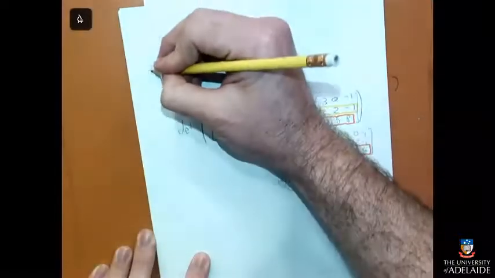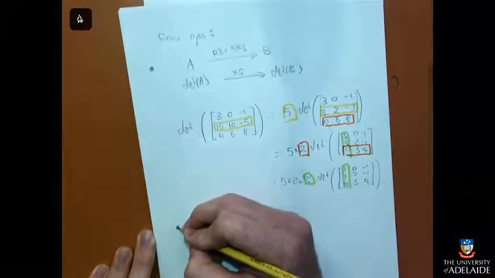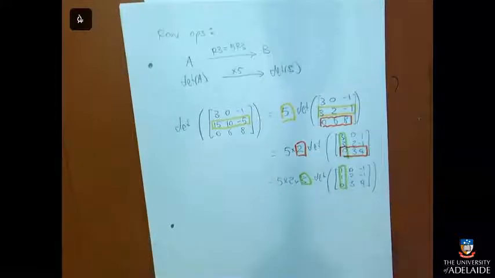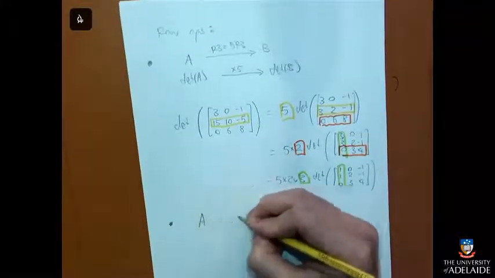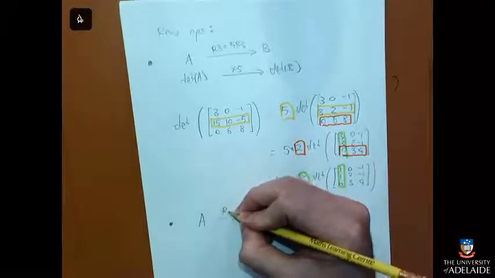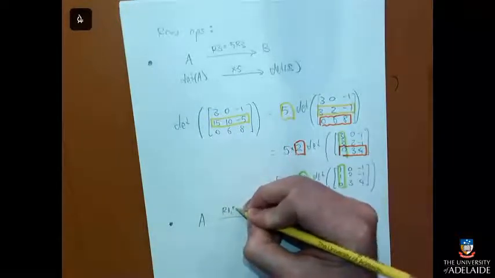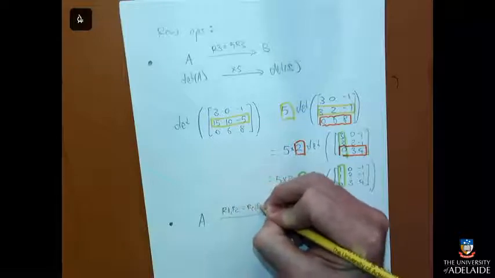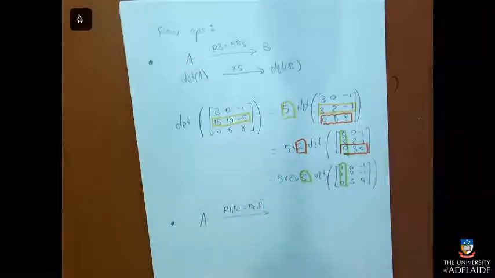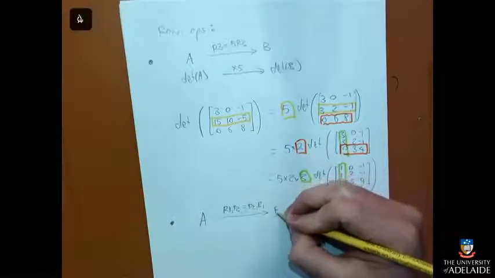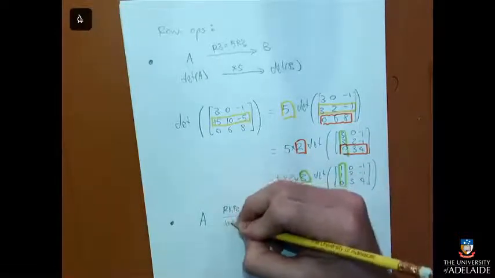Okay, so that's row operation number 1. The second kind of row operation would be if you swap some rows. So if A goes to B by doing a row swap, so row 1 and row 2 become row 2 and row 1, like that. So that's a row swap.